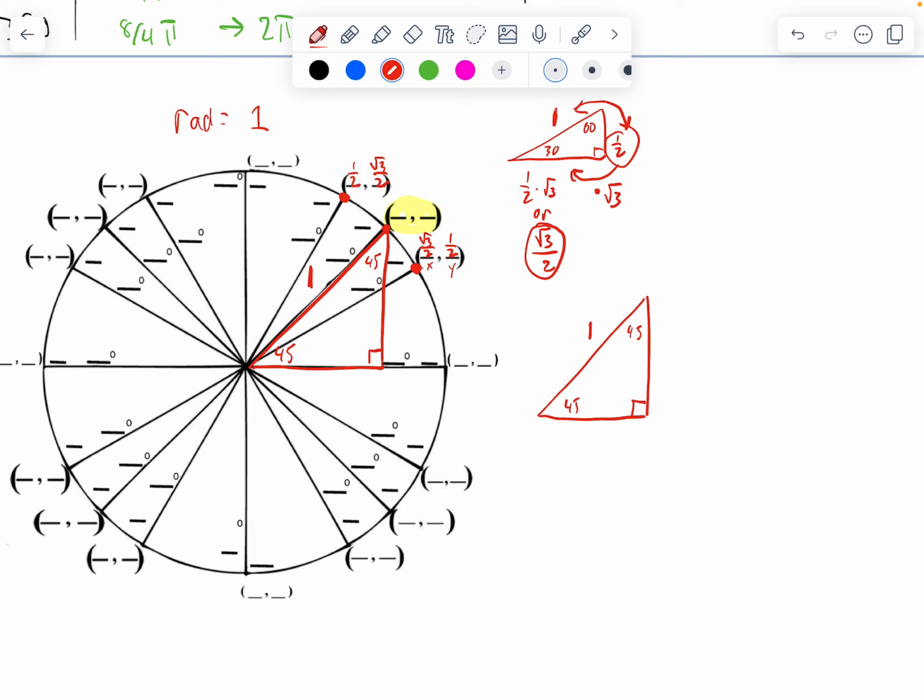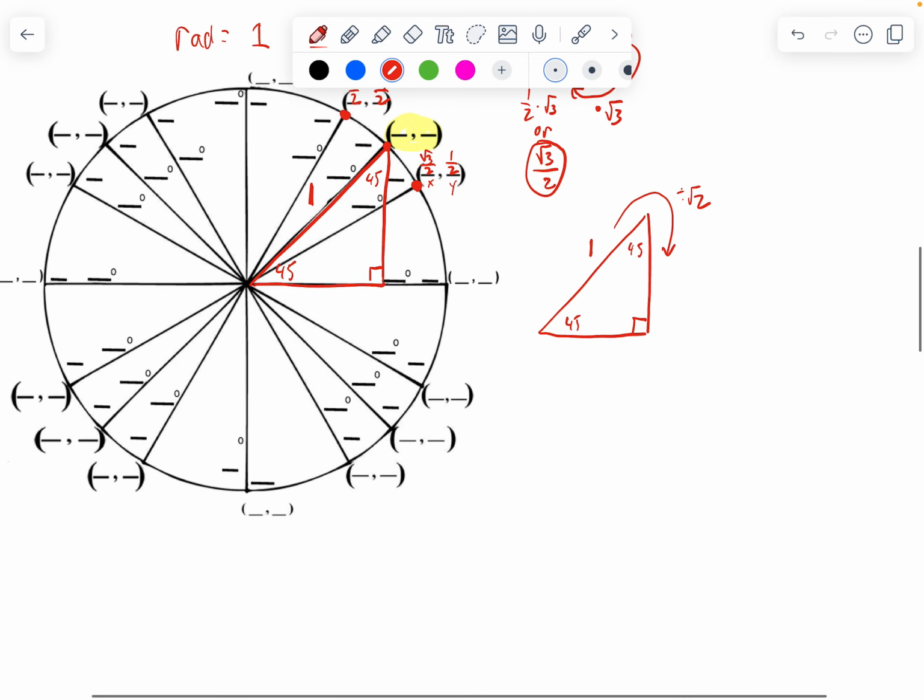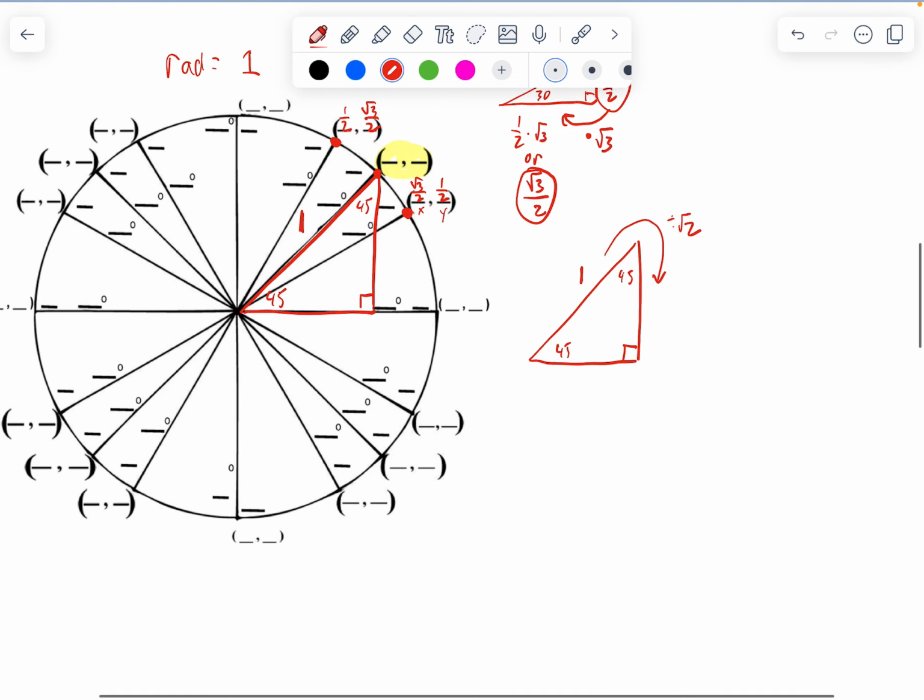If you remember our special right triangle rules, what basically happens is the long side, if you want to go backwards to figure out the short side, we divide it by square root of 2. All right. But for the sake of not just memorizing, let's actually use the Pythagorean theorem to figure out what the side length is.